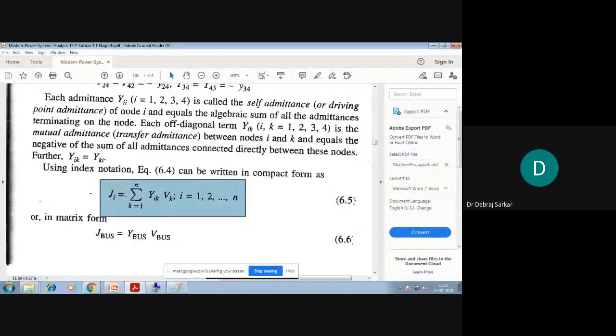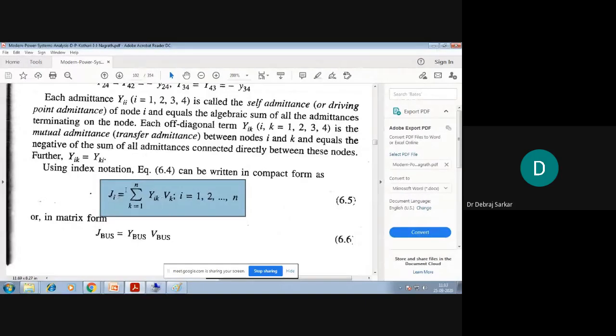Understand this. This equation defines all the node equations you will write. What it says: J is the source current. Ji is the source current at node i.